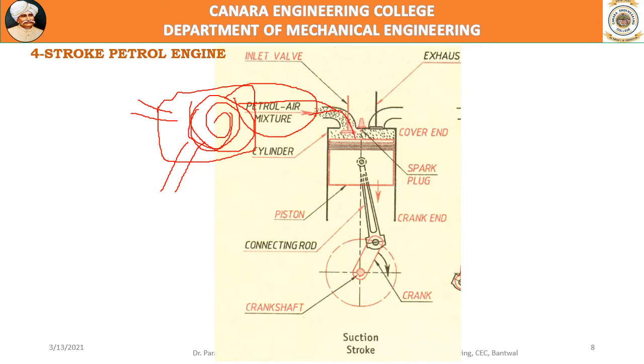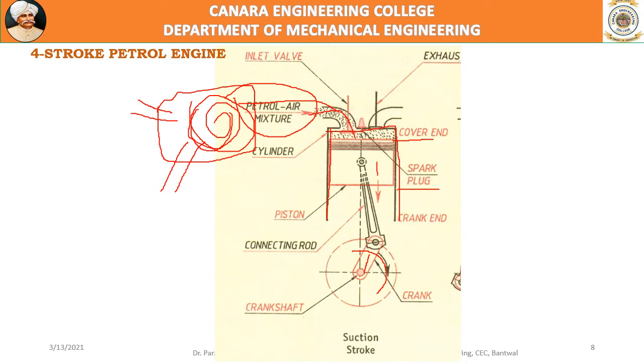Now to explain this diagram, this is the cylinder, this is top dead center, and this is bottom dead center. This is the piston, which is in red color, and this is the connecting rod, which connects the piston with the crank. This is the crank. The crank rotates when the piston reciprocates.